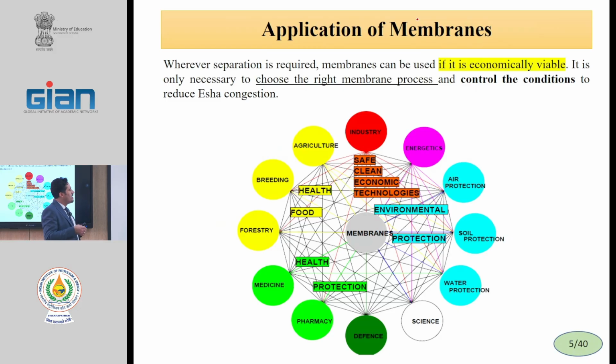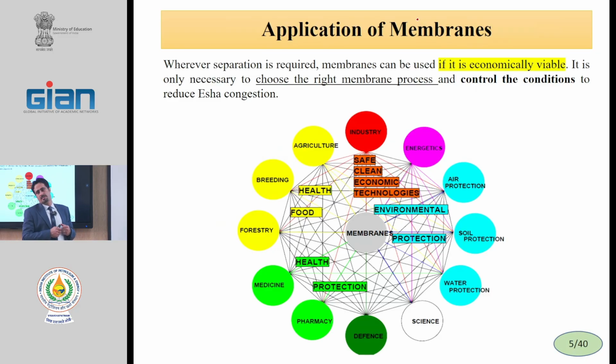And we have almost 20 different membrane processes, and we can separate gases, liquids, organic solvents from their purity. And therefore, you see, in most of the technology and factory, we can use the membranes for separation of some impurities from the air, from the gas, from the soil, from the water, and medicinal, breeding, agriculture, and others.